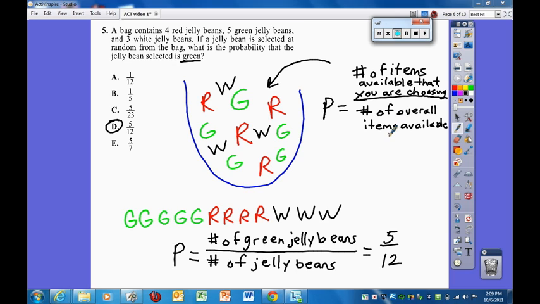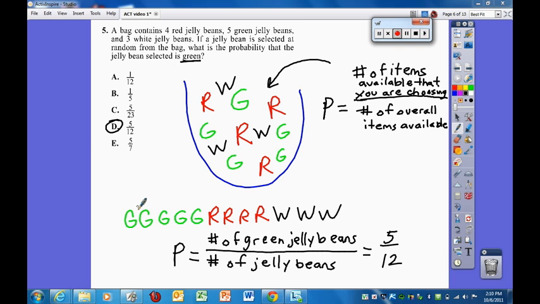All right, and if that still hasn't sunk in, think back to the original way that I worked this and ask yourself, what is the chance of me getting a green jelly bean if I know that there are 5 in there and I know that there's 12 jelly beans overall that are in there?